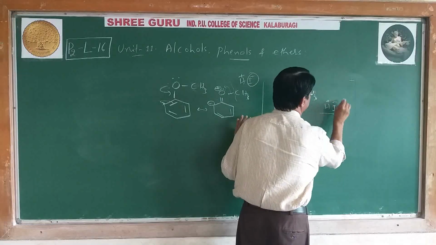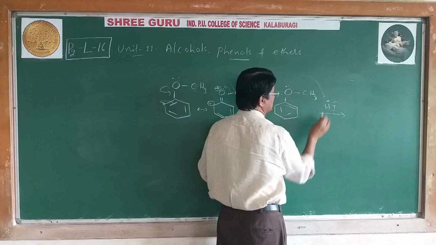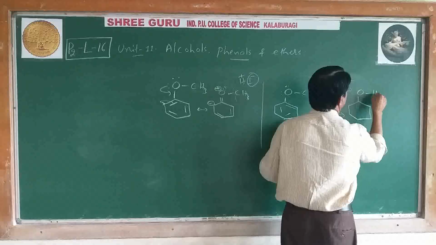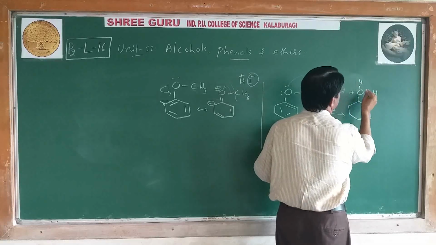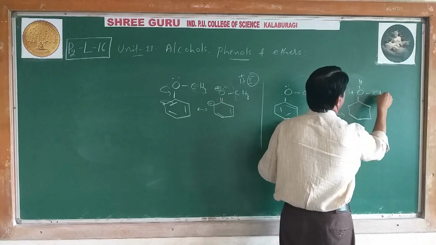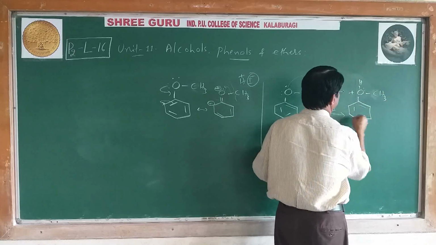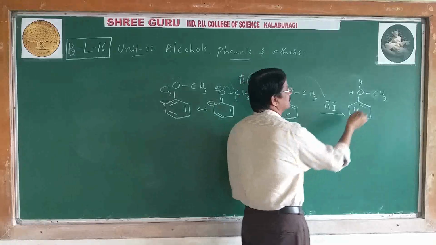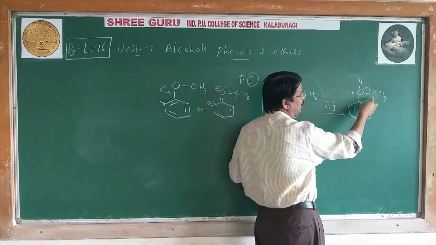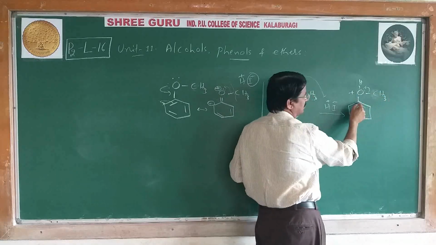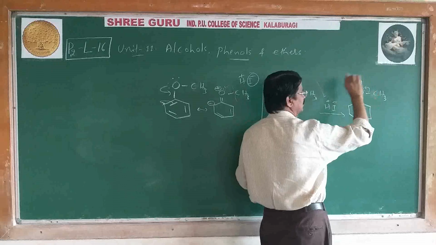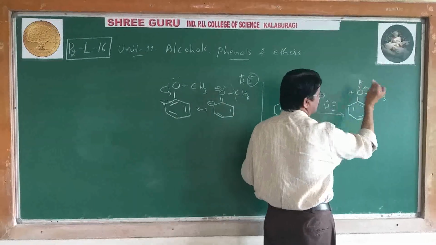Then see here, ring O CH3 plus HI, the electron pair adds to H plus to give ring O H plus CH3. Next, the O attracts the bond, because the C-O bond with methyl is weak when compared with the benzene ring. The methyl-O bond is weak, and this undergoes heterolysis.